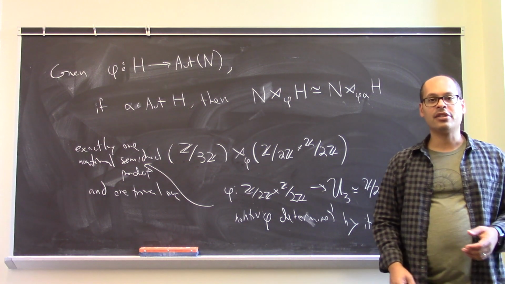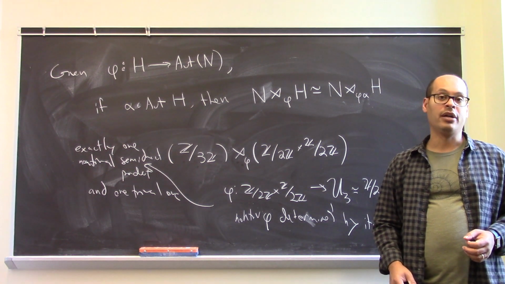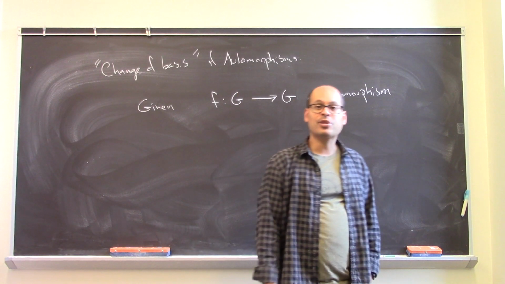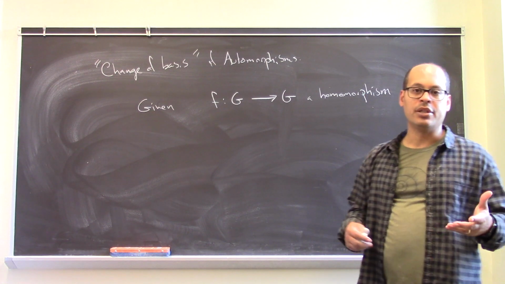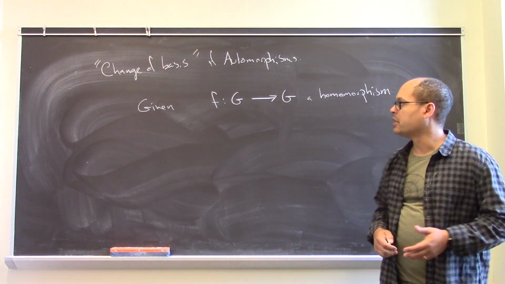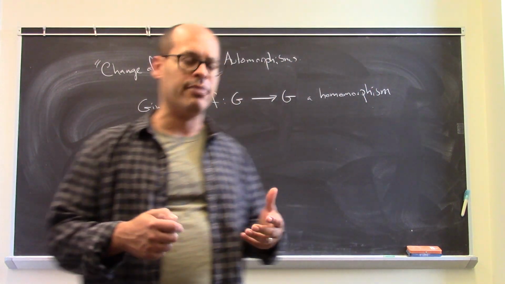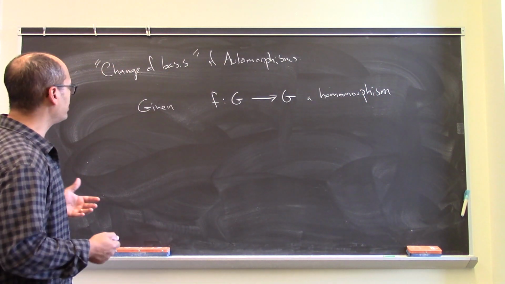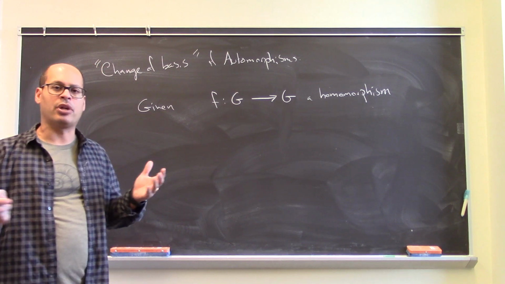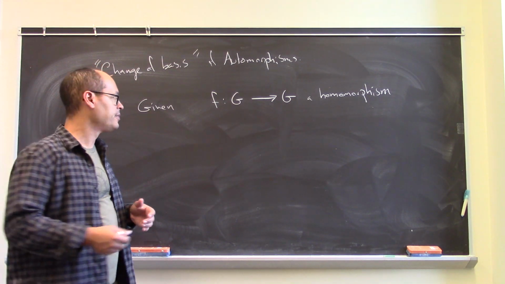All right, and we'll now take a look at the other way of modifying our semidirect product. In order to describe the next kind of move that we can do to change our semidirect products, let me take a little sidestep and, just for our own mental comfort, think about what it means to make an abstract change of basis of an automorphism.